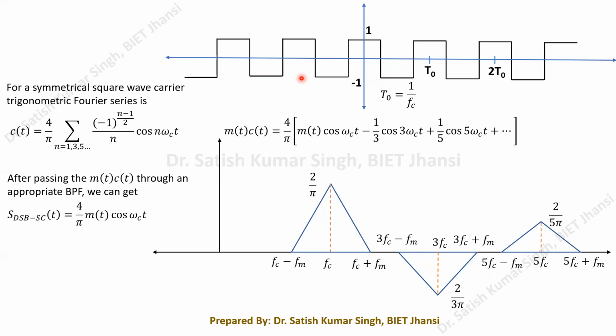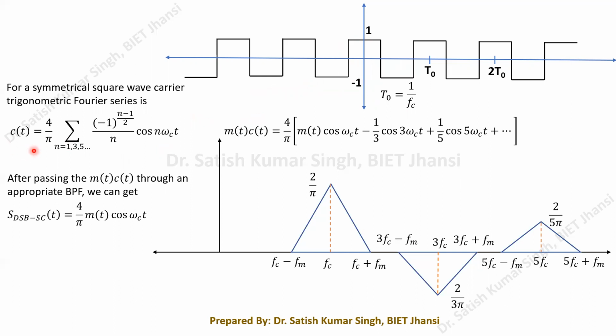My request to all the students is to go through any signals and systems book, see this waveform, and try to get the trigonometric Fourier series. I am writing the final result for this type of square wave.